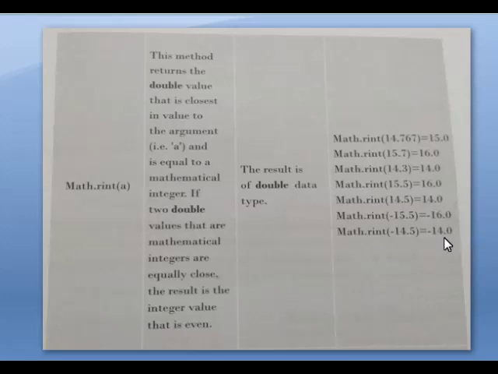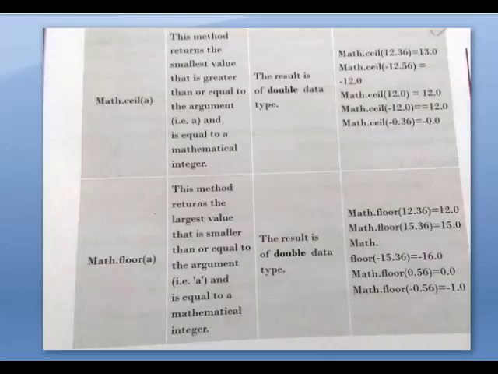Okay students, now we are going to see the next ones, Math.ceil and Math.floor. These are very important functions. Every time they are asking for them in the exam. So Math.ceil of 12.36. If the value is positive, whether the decimal is above 5 or below 5, it will increment the value by 1.